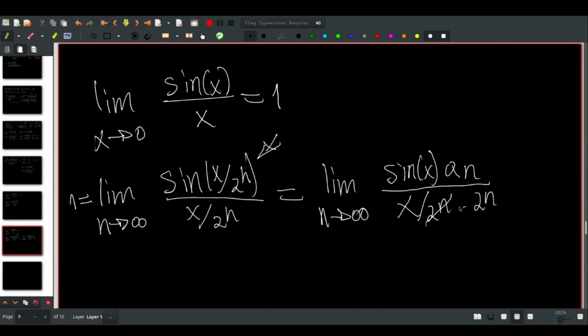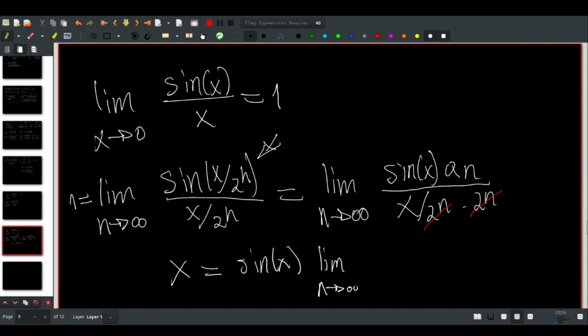So the 2 to the n's cancel among each other. And we can finish this by essentially solving for this x down here. I'm going to place it on the left hand side, and say x is equal to something. The something is the sine of x times the limit when n goes to infinity of a_n. And this is the core formula. I'm going to shift variables later, but this is the core formula.